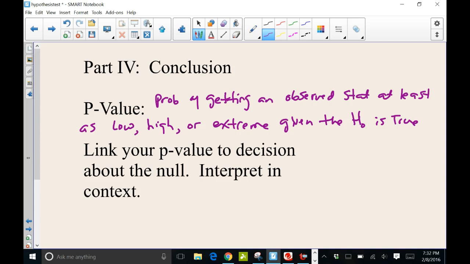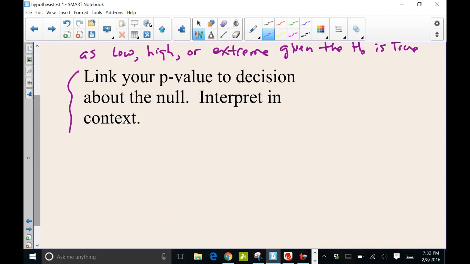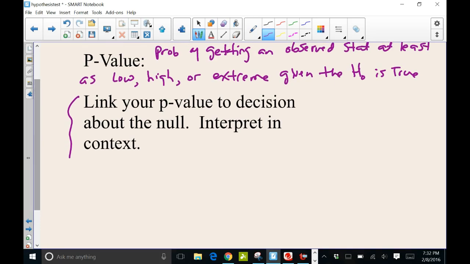Well, our decision now, and it's very particular how we do this on the AP exam. Let me move this up in case you need that. They need you to link your p-value to your decision and then interpret in context.